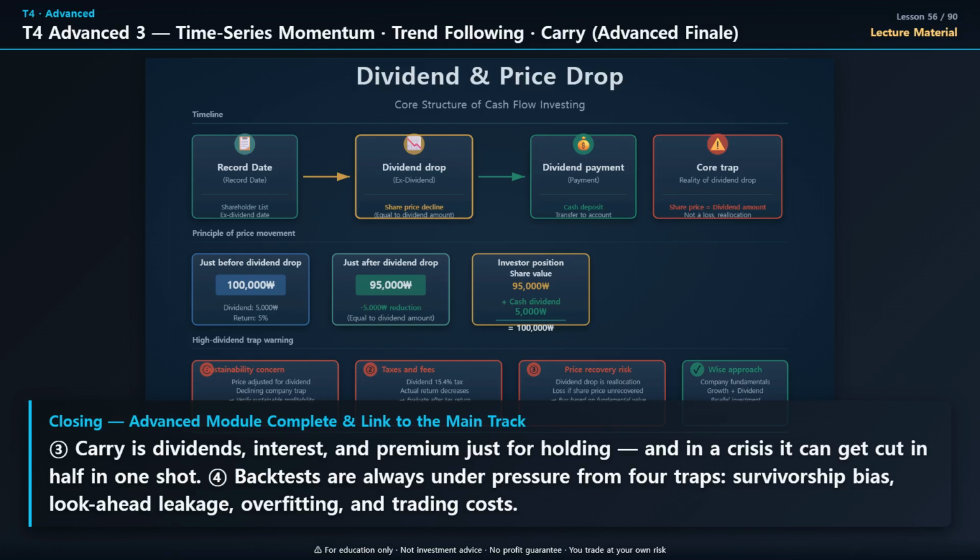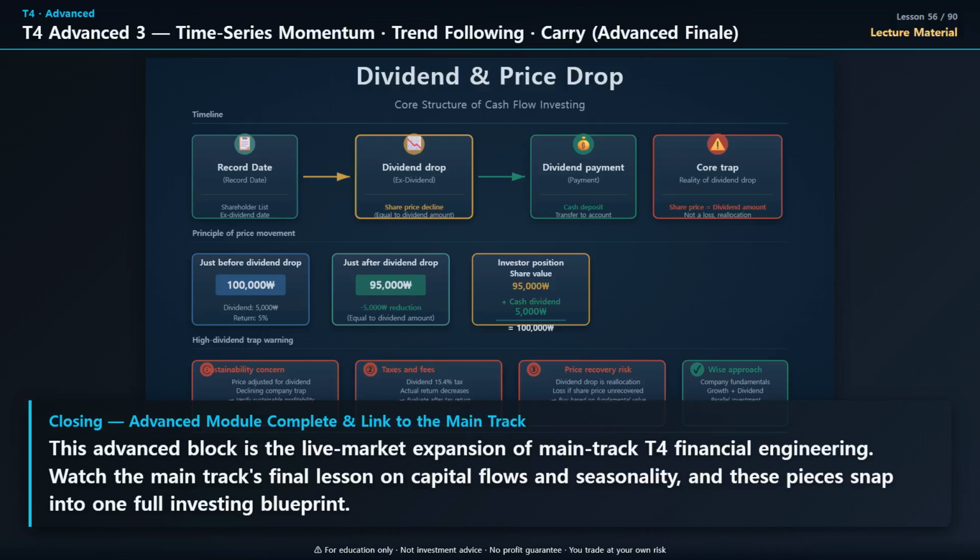Backtests are always under pressure from 4 traps: survivorship bias, look-ahead leakage, overfitting, and trading costs. This advanced block is the live market expansion of main track T4 financial engineering. Watch the main track's final lesson on capital flows and seasonality, and these pieces snap into one full investing blueprint.